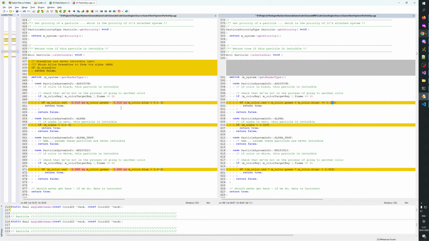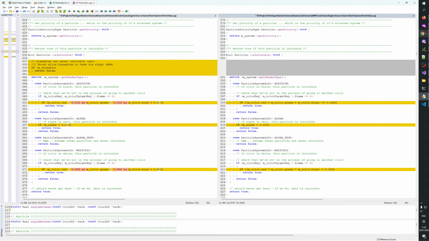Red, green, blue. Yeah, so they increase the threshold. Yeah, it's not the same. Definitely not.